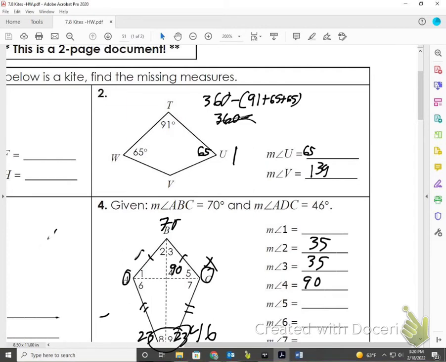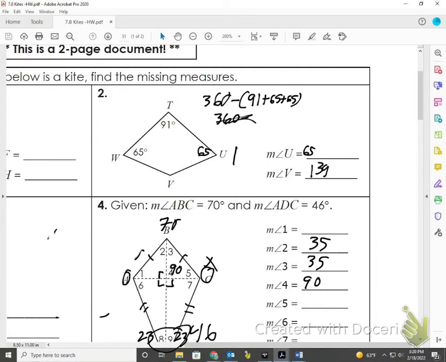Okay? So now, because we know that all of these are 90, we can use the fact that angles inside a triangle have to add up to 180 in order to solve for 1, 5, 6, and 7. So 1 and 5 are going to be the same because those are identical triangles, they're congruent.